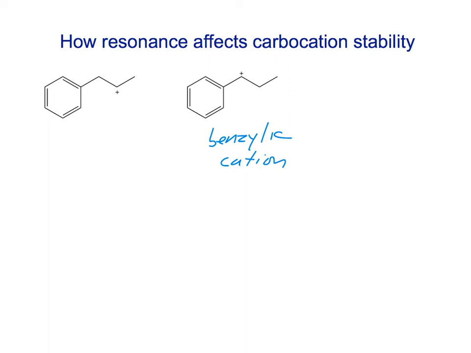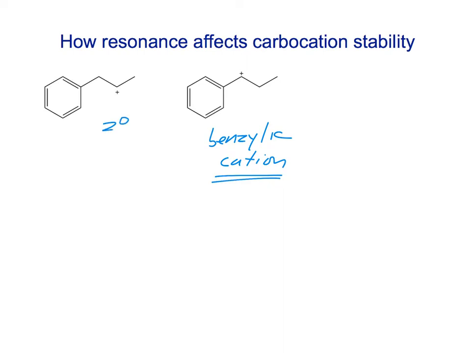And we drew some resonance structures yesterday showing how this plus on the position next to the benzene ring could be delocalized around the ring. And so this benzylic one is definitely going to be more stable than this secondary over here.